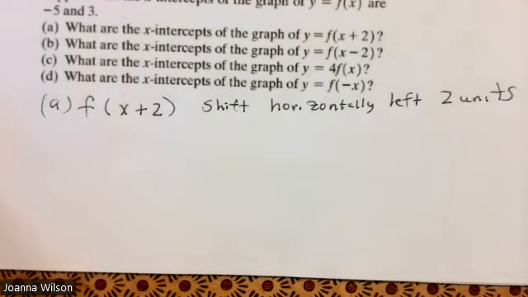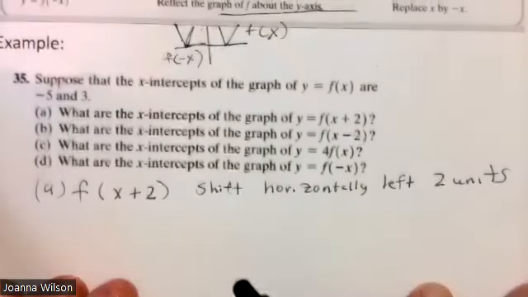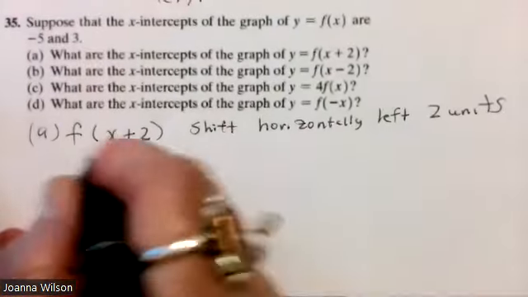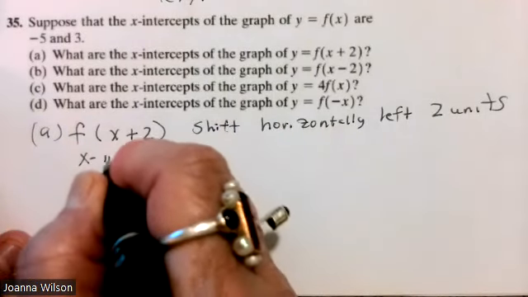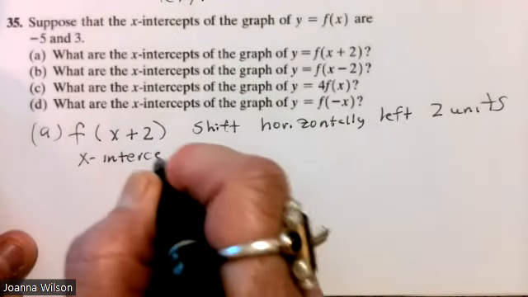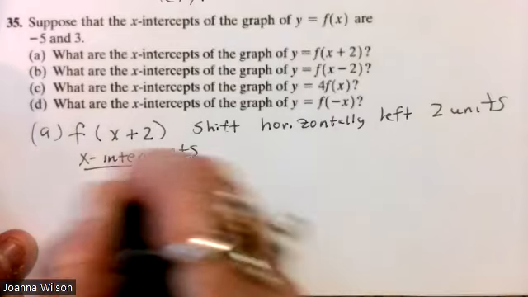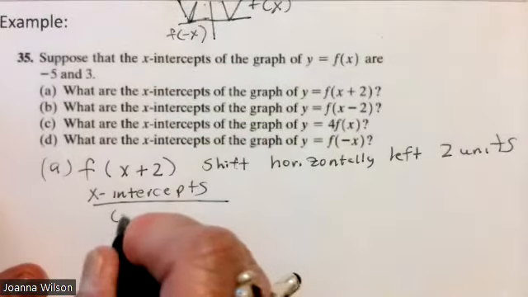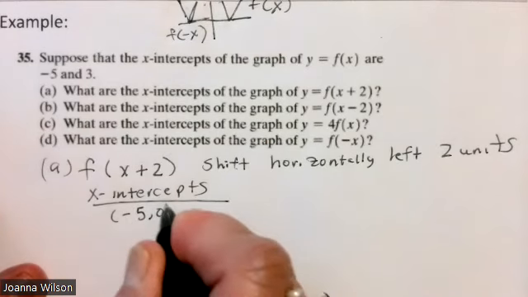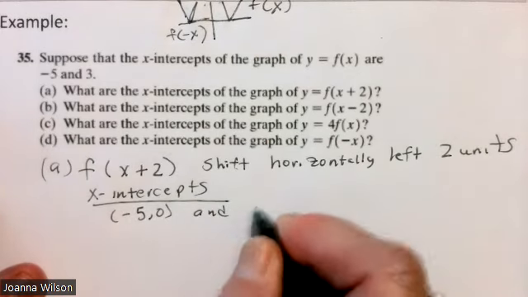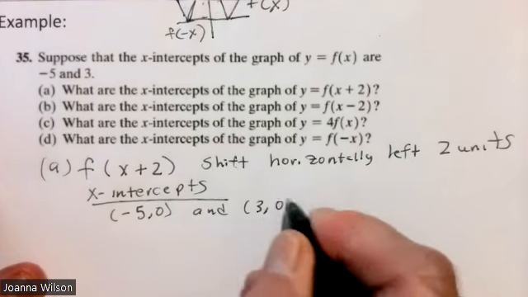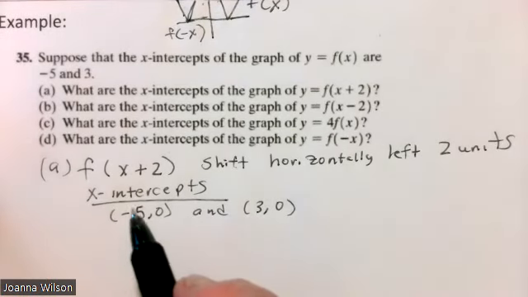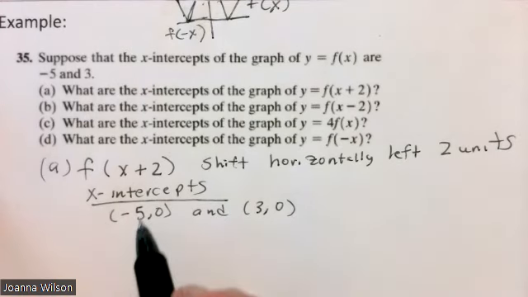So if the x-intercepts are -5 and 3, and you can think of them as ordered pairs, they'll be (-5, 0) and (3, 0). So if we're shifting to the left 2 units, then you're going to be subtracting 2 from the x values.